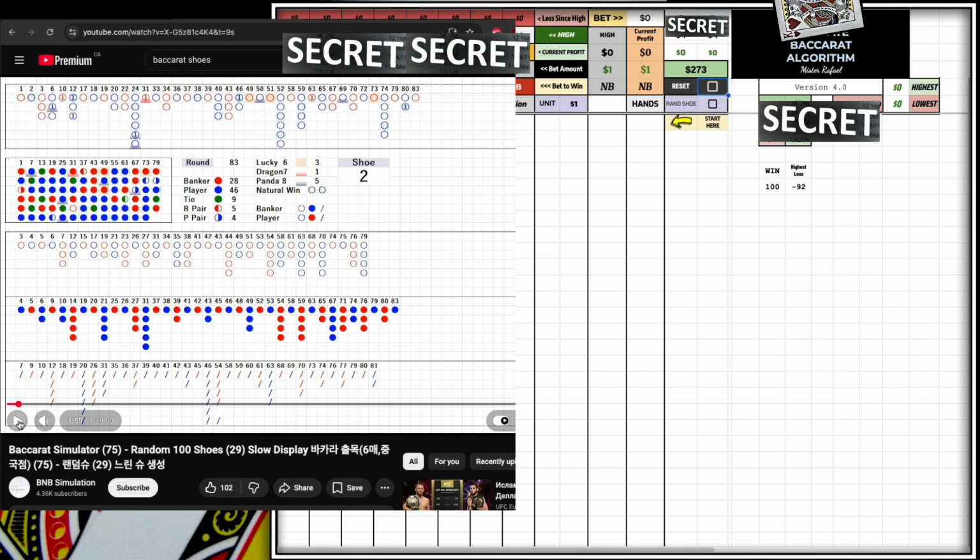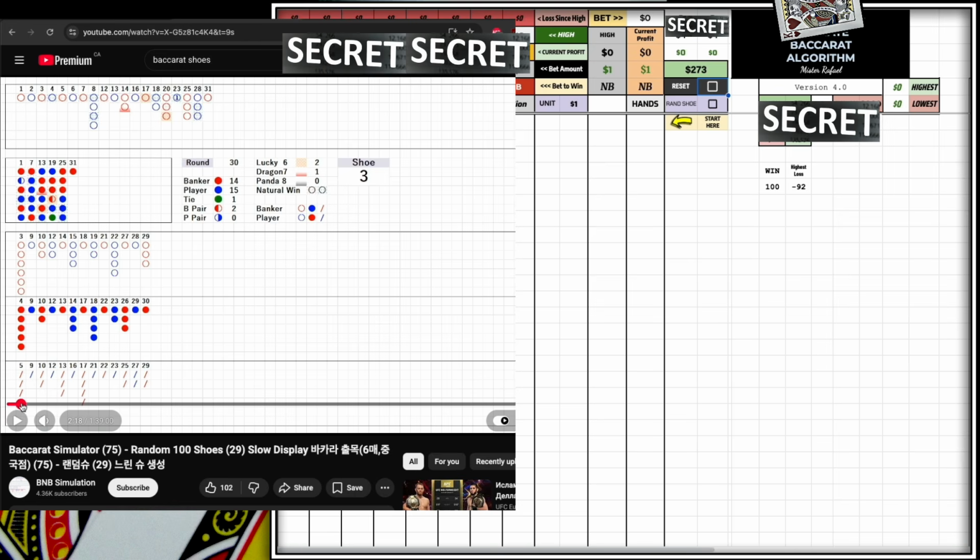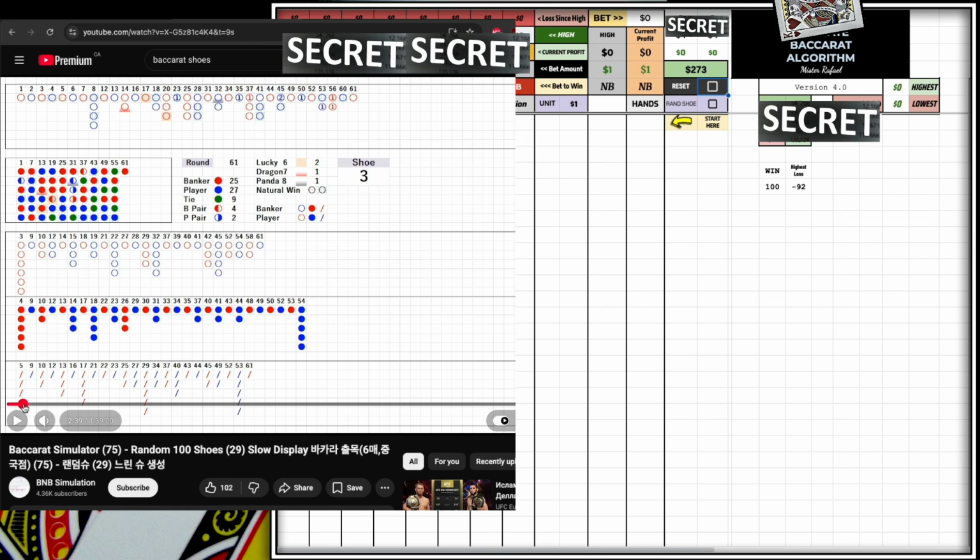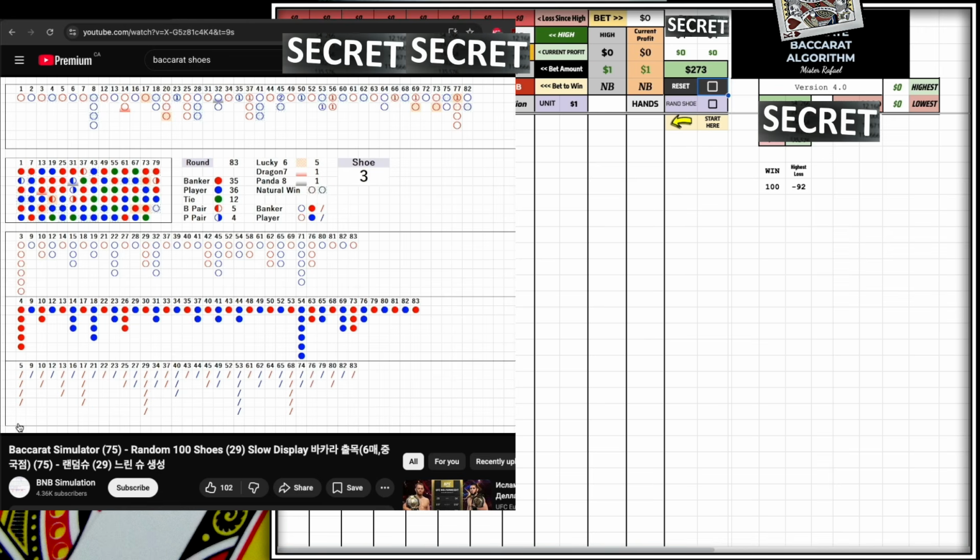So you see it took 2 shoes to get to the win goal. Most of the time that will happen. And then, like I said, on occasion it will need a 3rd shoe. All right, shoe 3. Okay, that is shoe 3.